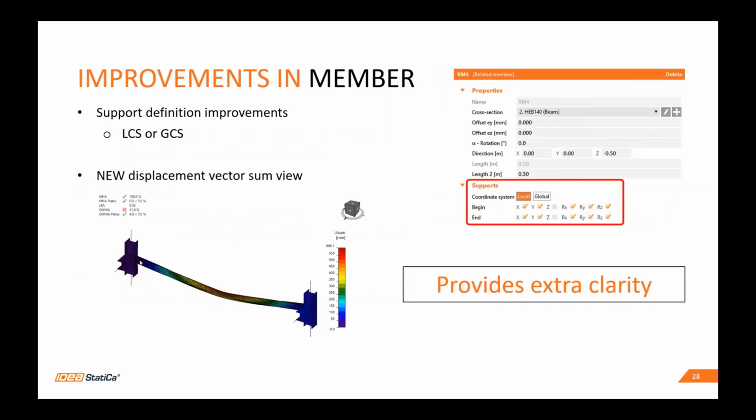And finally, let me just mention some improvements to Ideostatica Member. Now, when you define your supports, you will have the option of using a local or global system to define. And again, this helps very quickly to get those supports correct and aligned to either the member or the global coordinate system.